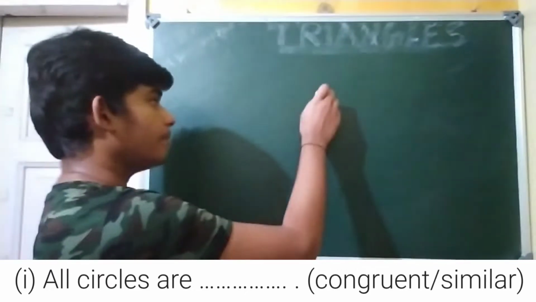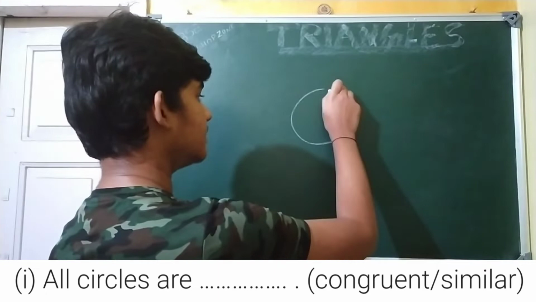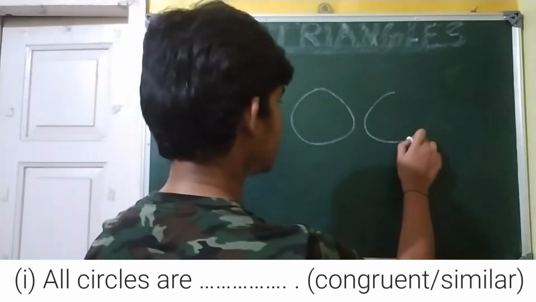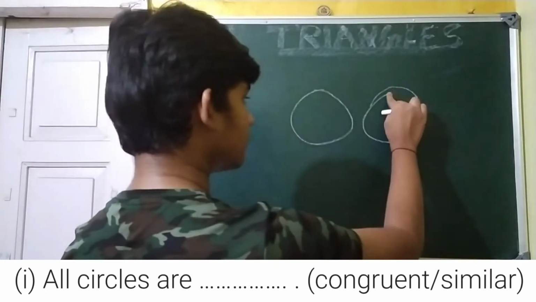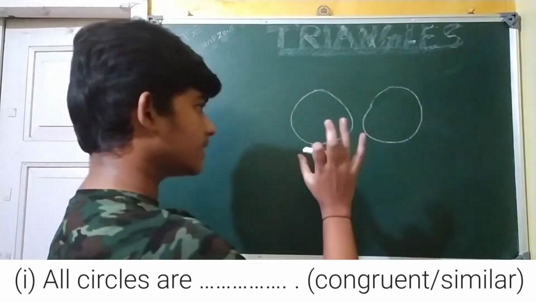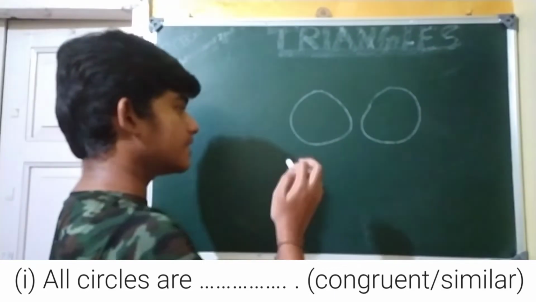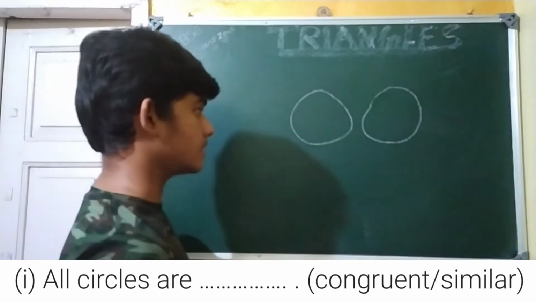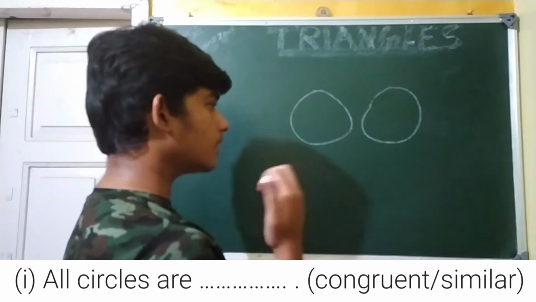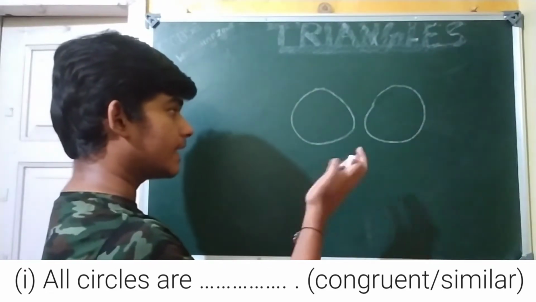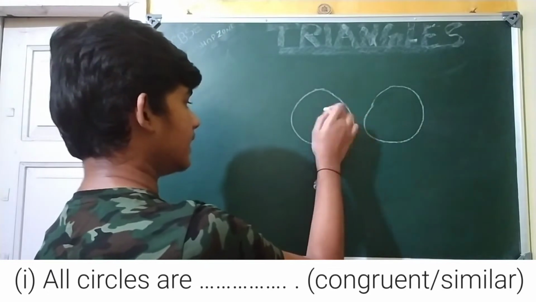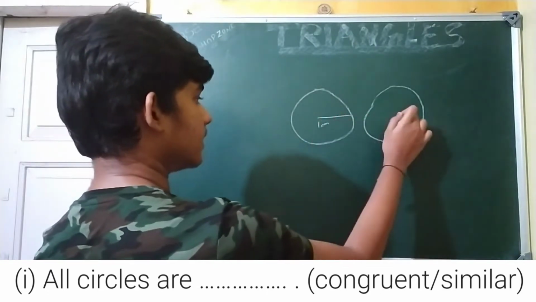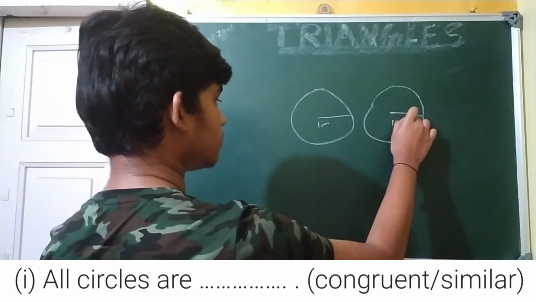So for example, it's not exactly this, but I'm trying to do my best. And there are little differences, but let's just imagine that both of these have the same diameter and the same radius. In that case, both of these are congruent because they have the same shape and same size. So for example, let's say this is 1 centimeter and let's say this is 1 centimeter as well.